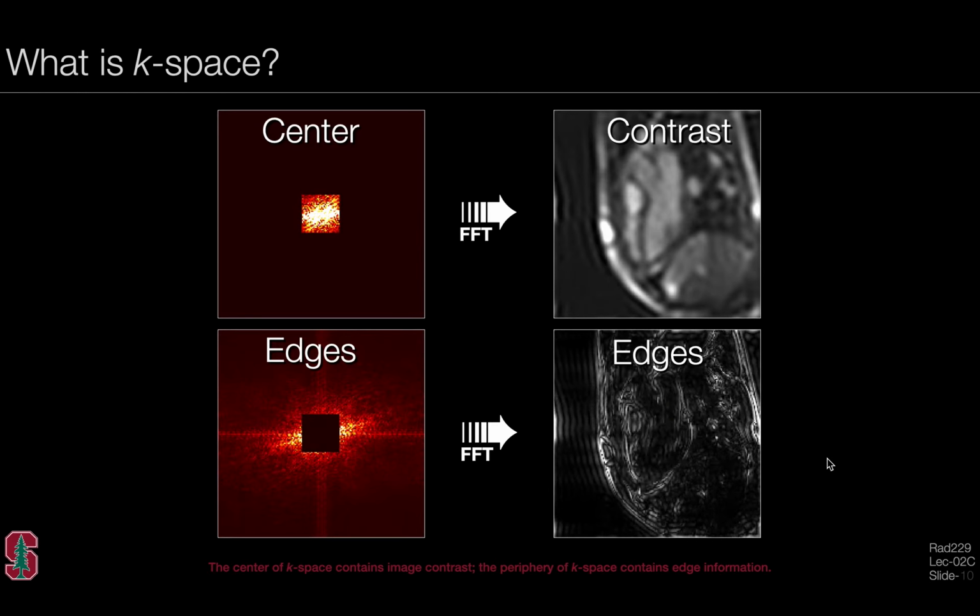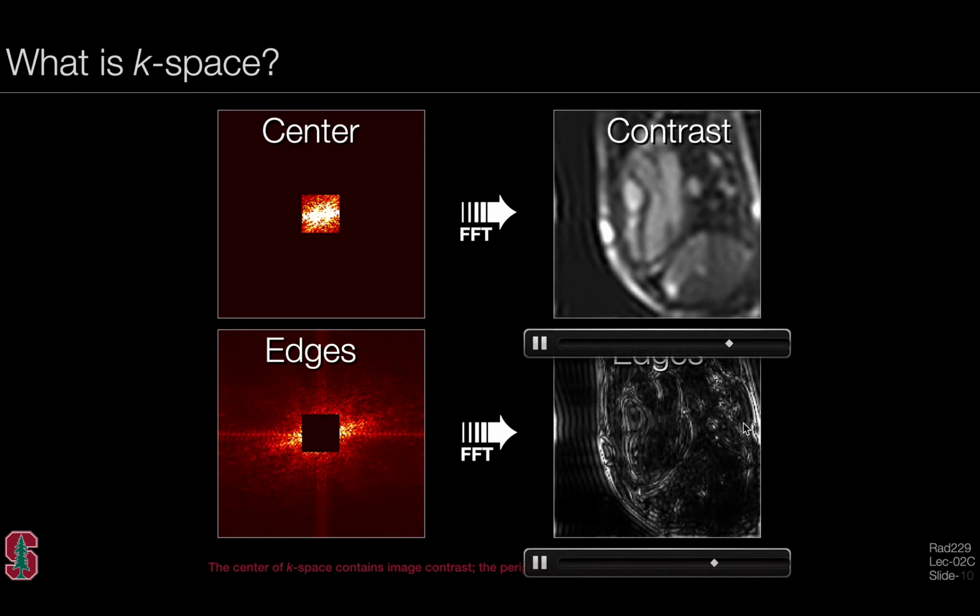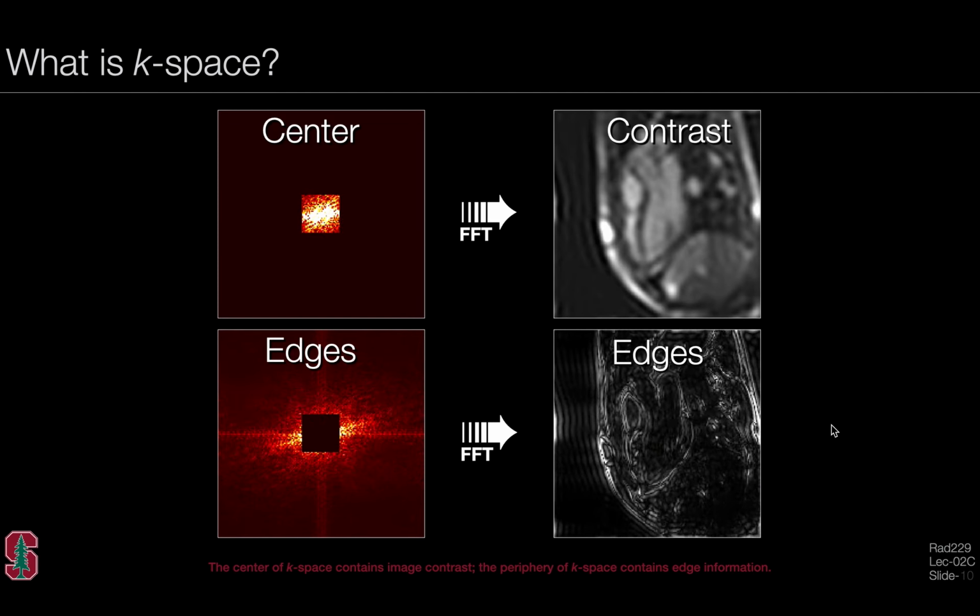And so fundamentally, we need the combination of both contrast and edges to produce diagnostically useful magnetic resonance images. And so we have to cover enough K-space to provide us with both the contrast and spatial frequency, or spatial resolution, that we need for a particular task.